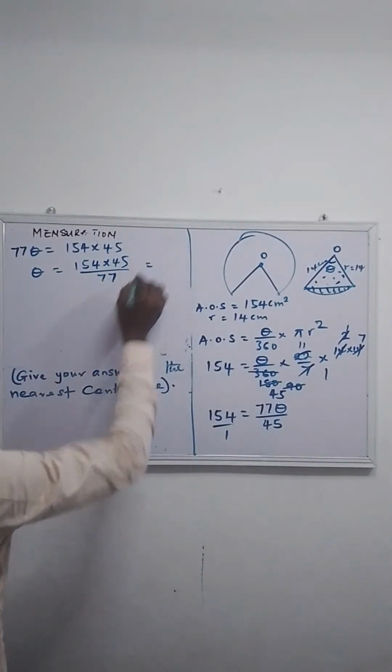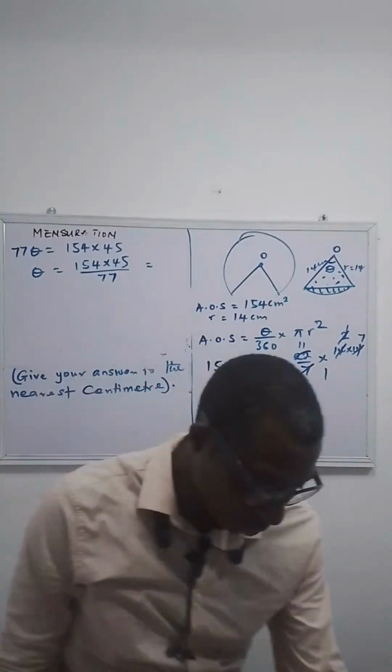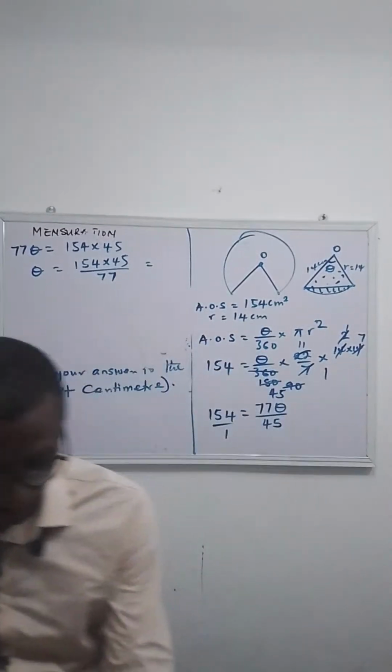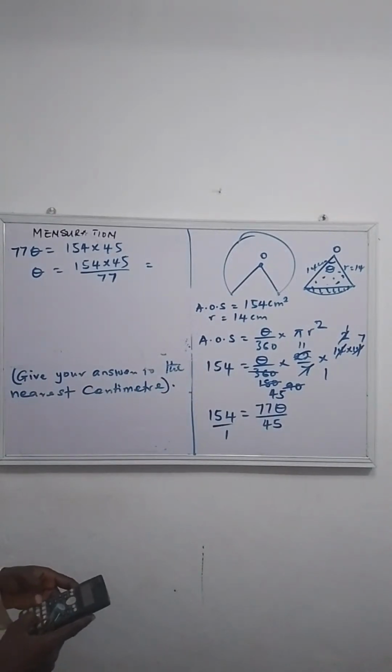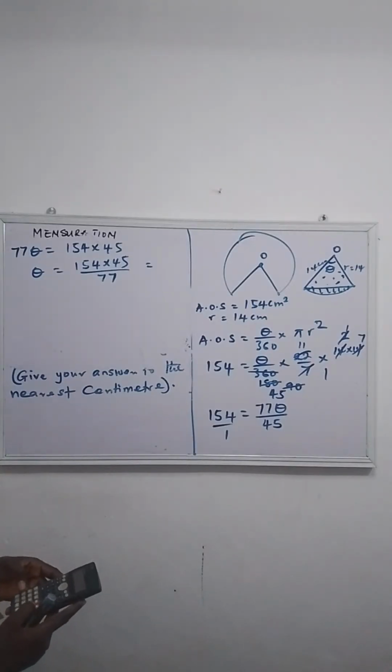So let's evaluate that. Let's see, what do we have for that? 77 times 45 divided by 154 times 45.